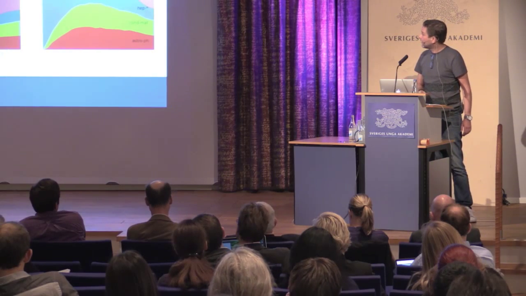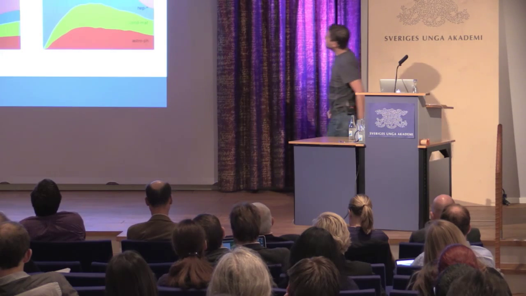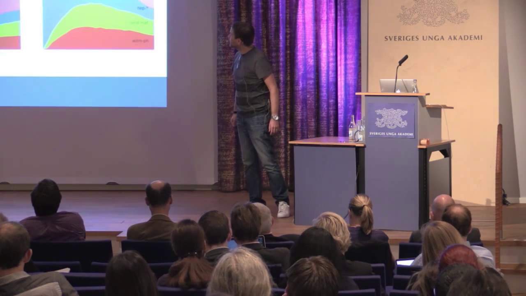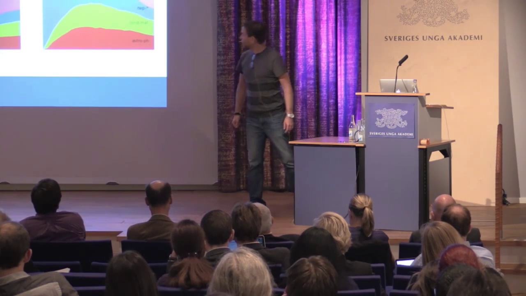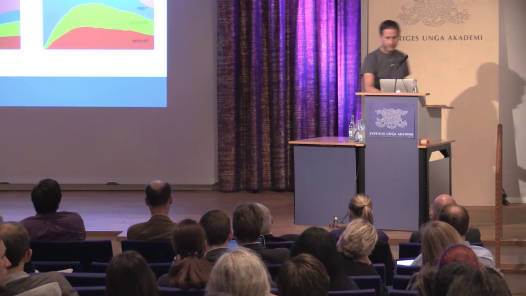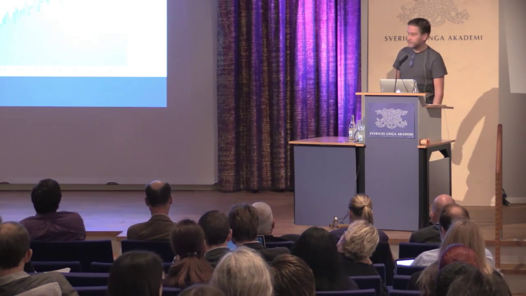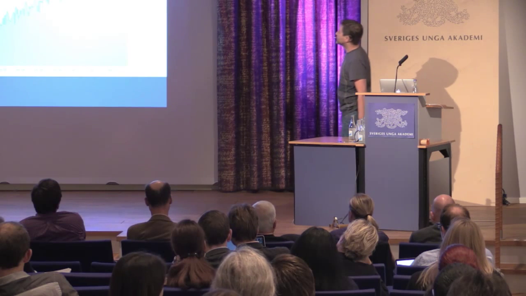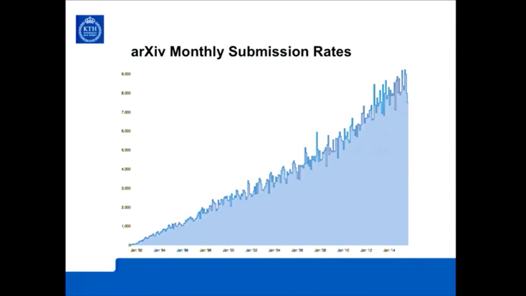So this is how the submission rate has developed from 1991. If we look at monthly submission rates, it's basically linearly increasing here, and it's now up to about 9,000 submissions of e-print papers per month.